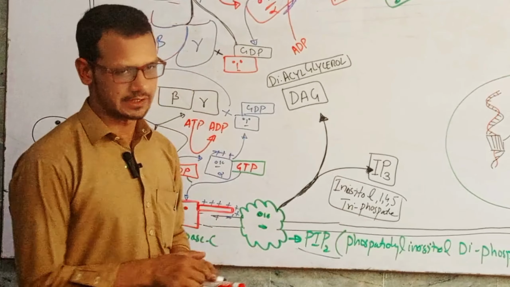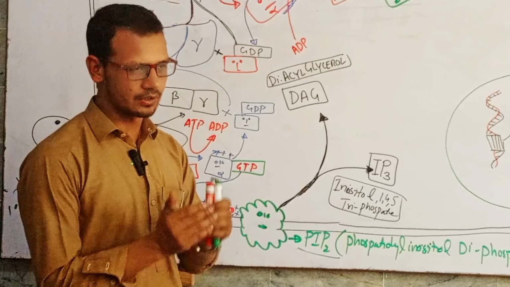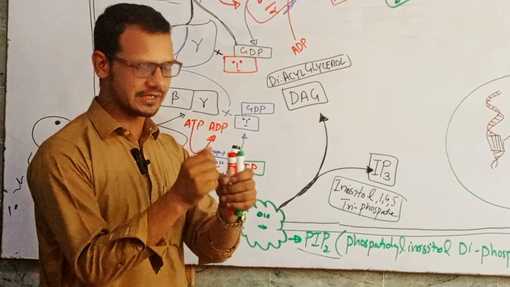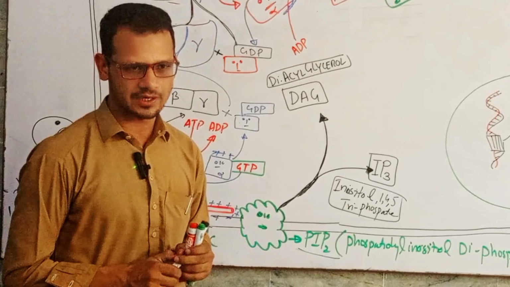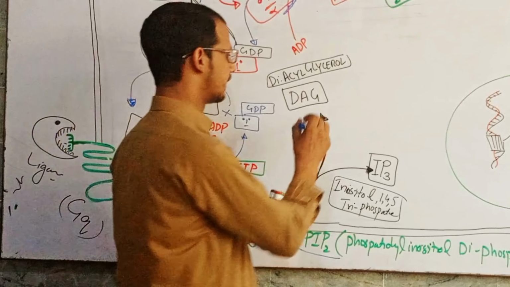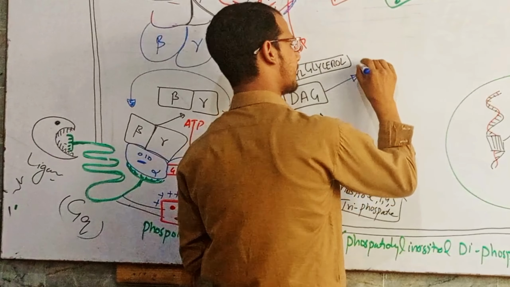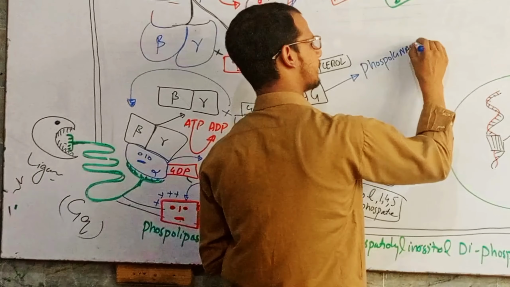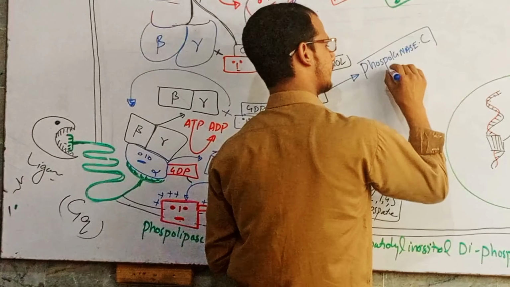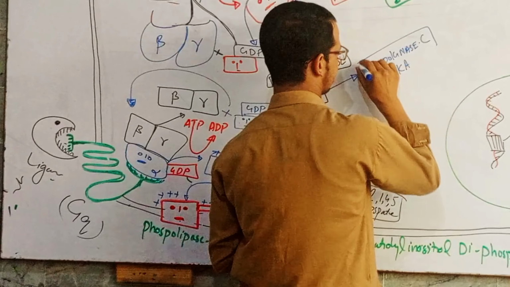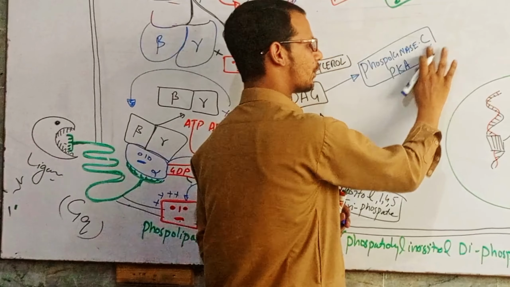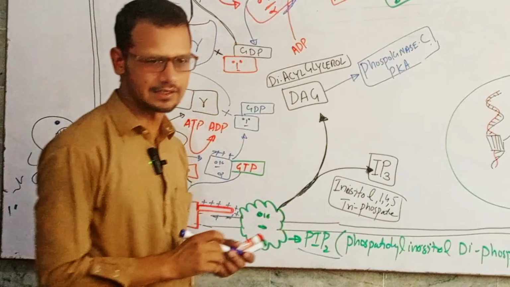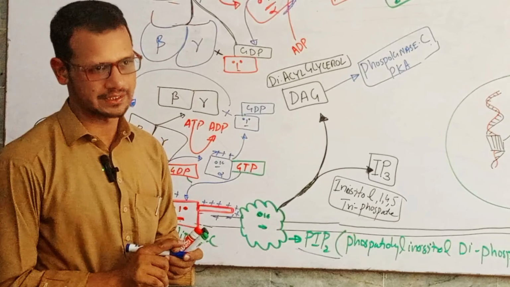What is the role of DAG? Diacyl glycerol further activates an enzyme which is called phosphokinase C. When a kinase enzyme is present, it will phosphorylate other enzymes and they will work.